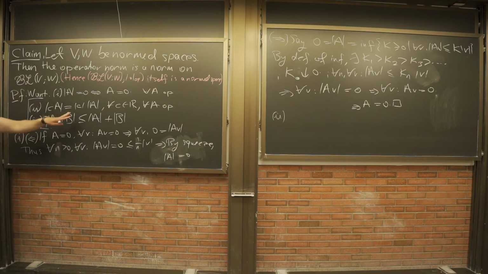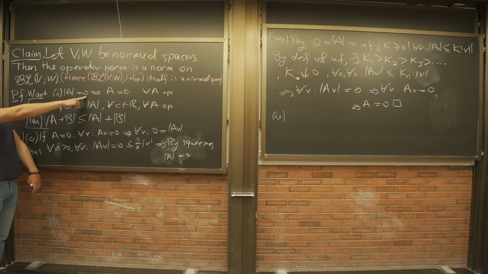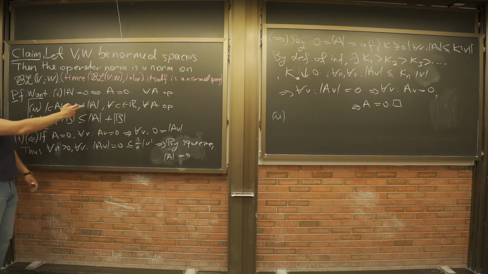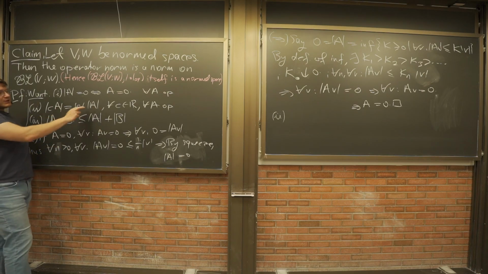Now, first of all, I can get rid of the case when c is 0 right from the get-go, because I know that if c is 0, the left-hand side, c times A, is a 0 transformation. And we showed in the first part that the zero transformation has norm 0. And so the left-hand side will be 0. And likewise, if c were 0, this is some number that I'm multiplying by 0. Again, it's going to be 0, which means that if c is 0, this is already satisfied.